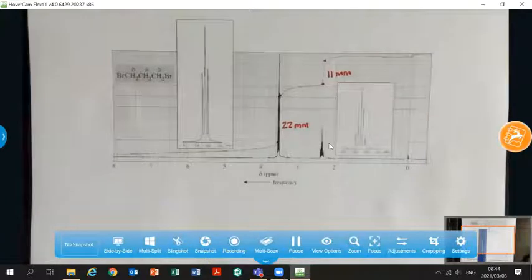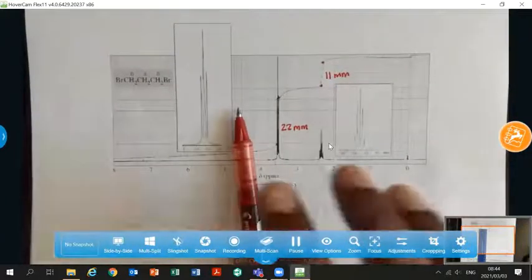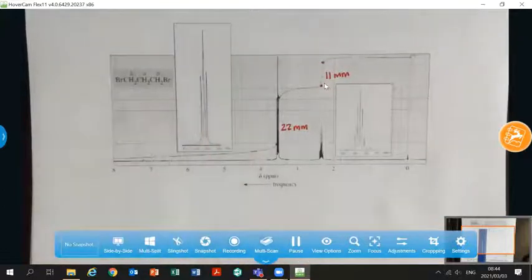So I have 22 millimeters for this integral and 11 millimeters for this integral. Now I can take the ratio of this integral to that integral. That's 22 over 11, or 22 is to 11, which is actually 2 is to 1.